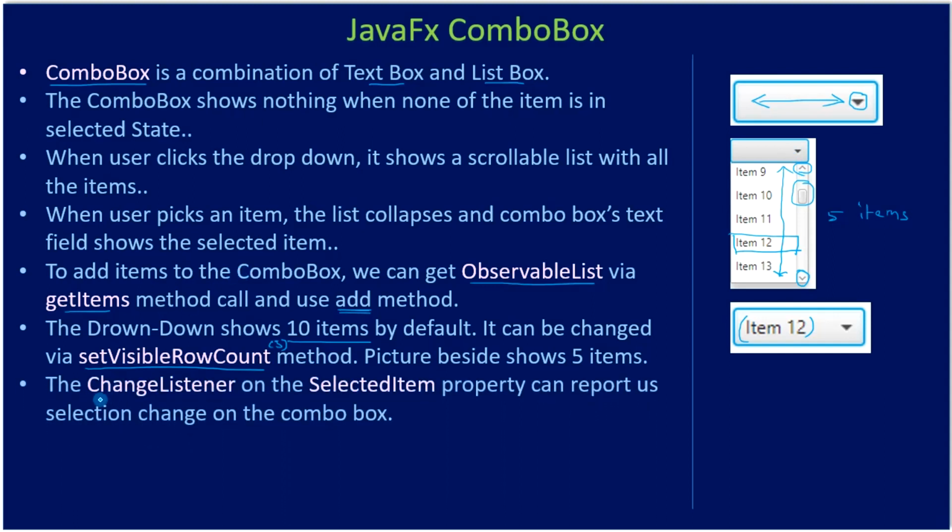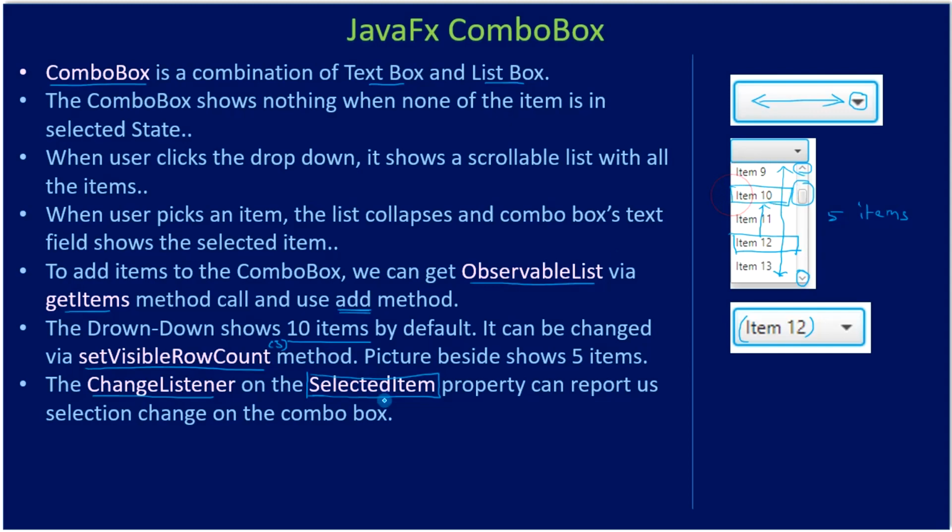So like we did previously, we will implement change listener to track a specific property. Here in this example, we are going to track a selected item property. If you want to track selected index, you can do that as well. So the selected item property can report a selection change on the combo box, when user is making the change in the selection.